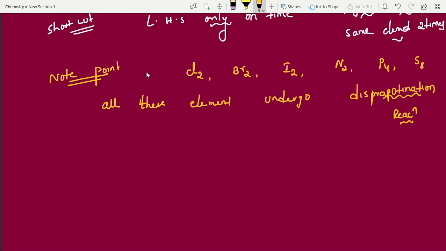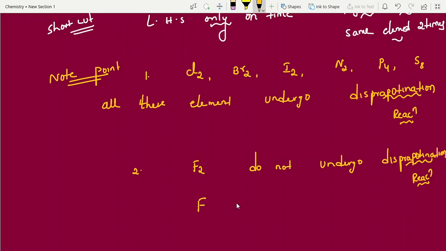But the next note point, students, listen. Fluorine does not undergo disproportionation reaction. Why? Can anyone guess? Fluorine's only possible oxidation state is -1. Beyond that, it's not possible.